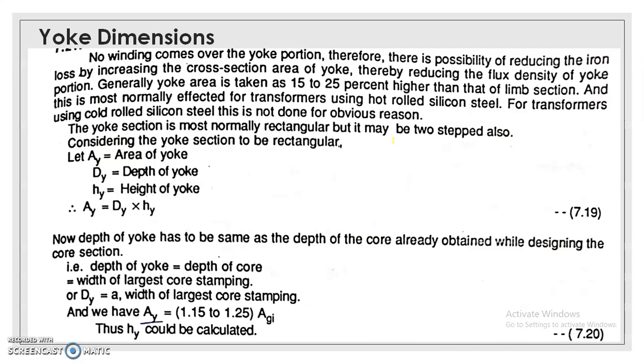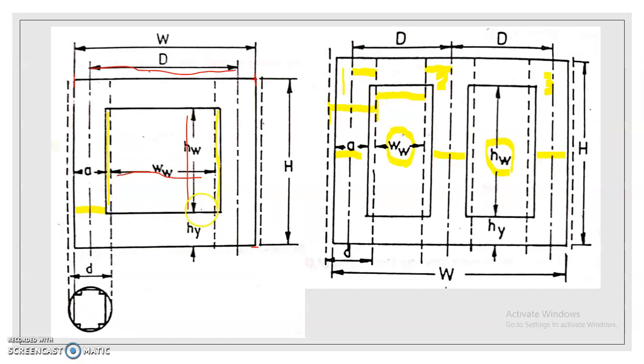Let's consider the yoke section to be rectangular, and AY is the area of the yoke, and dy is the depth of the yoke. What is the depth of the yoke? I will show you here.